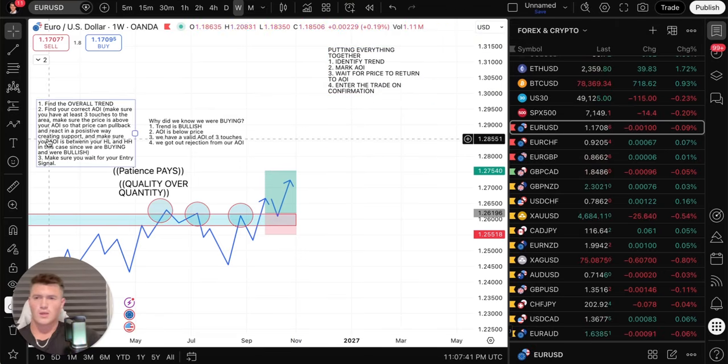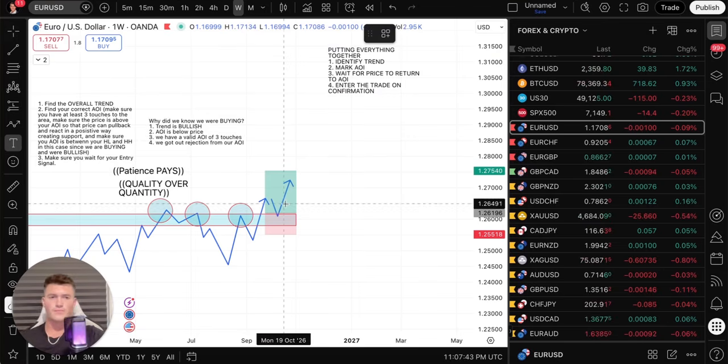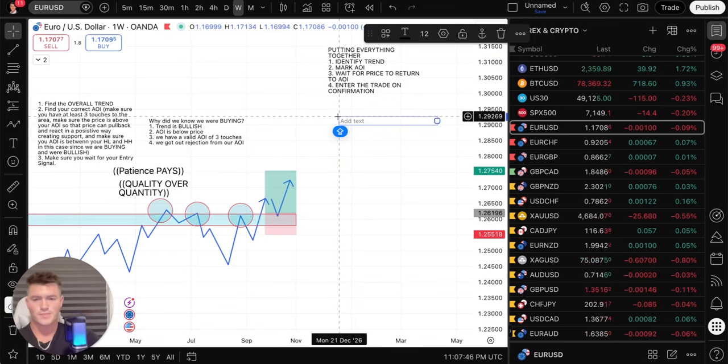So the example of a bullish setup is: one, uptrend. Two, mark areas of interest. Three, price pullback.